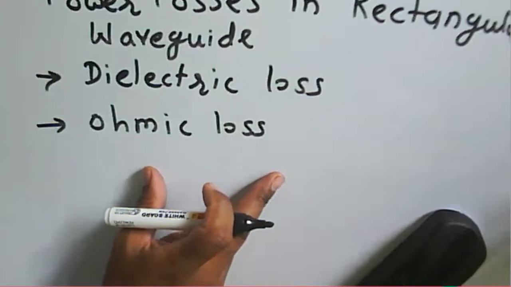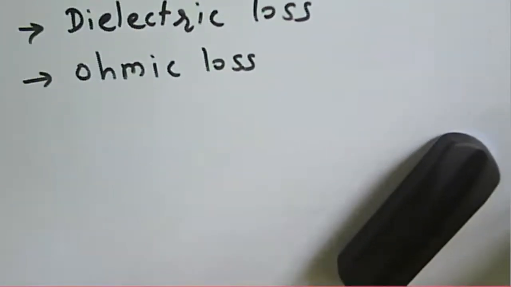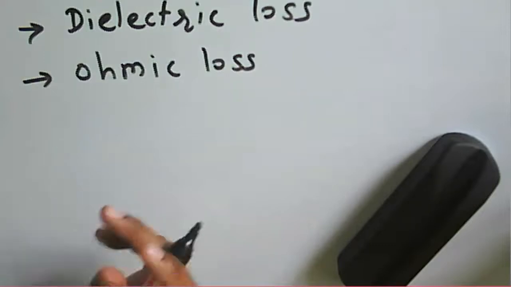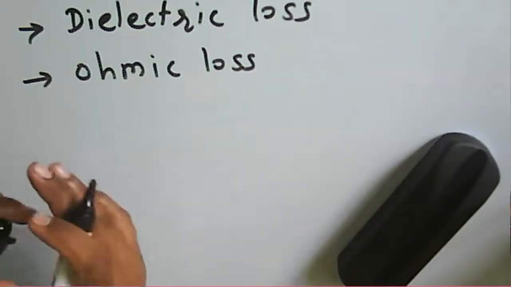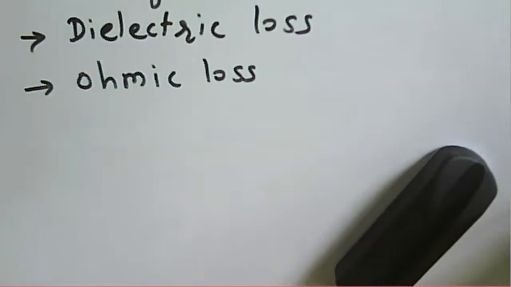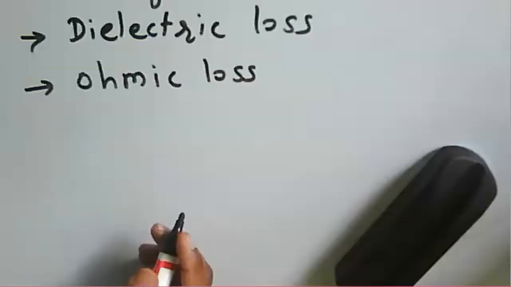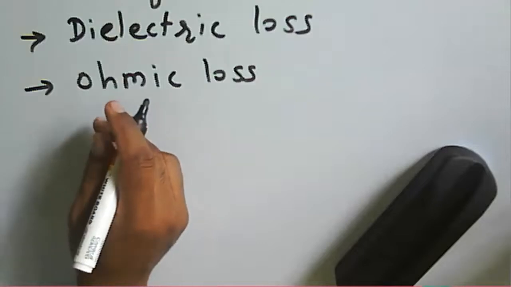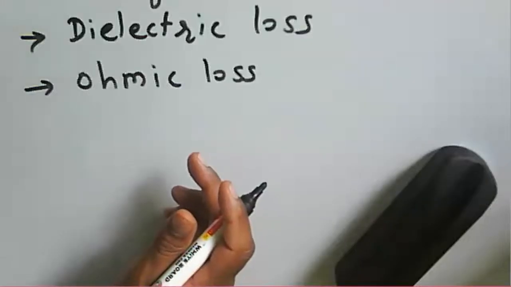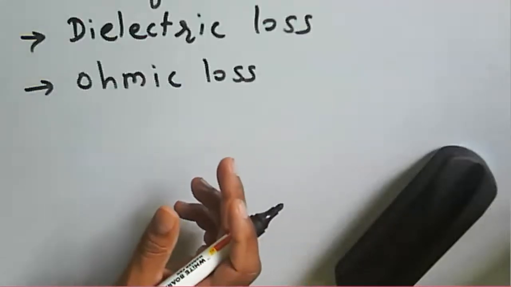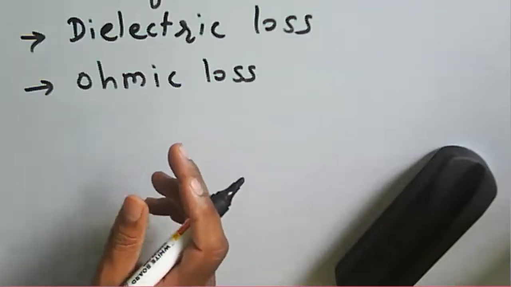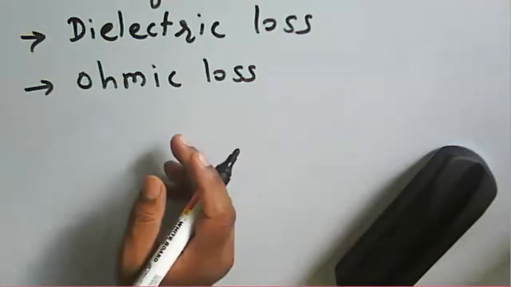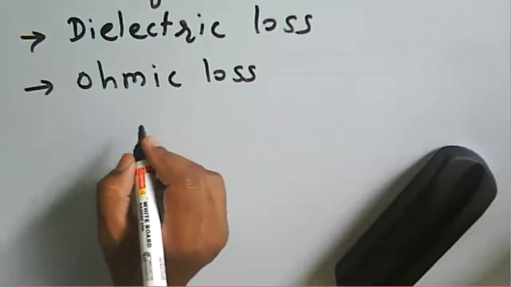In general, if you see these particular losses for the guide, we need to calculate the losses for the TE mode and the losses for the TM mode. And then we should know the general equation of loss for a low loss dielectric medium.